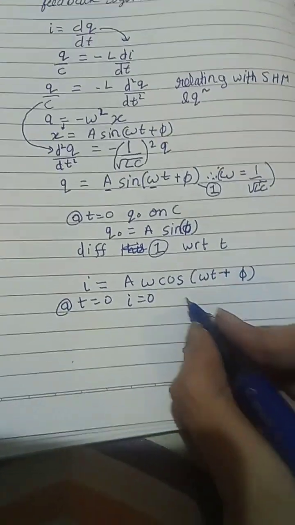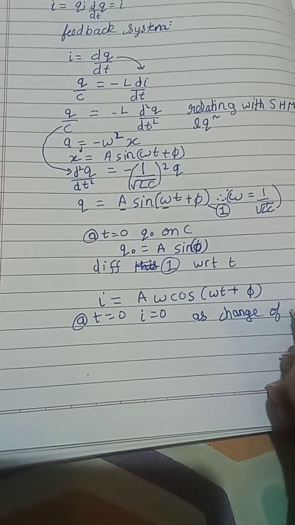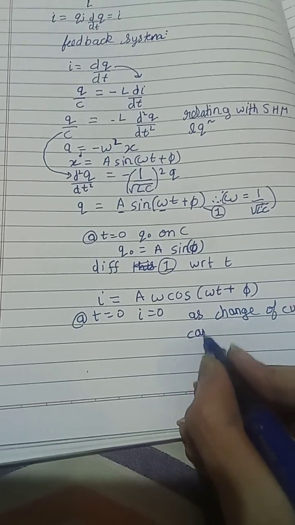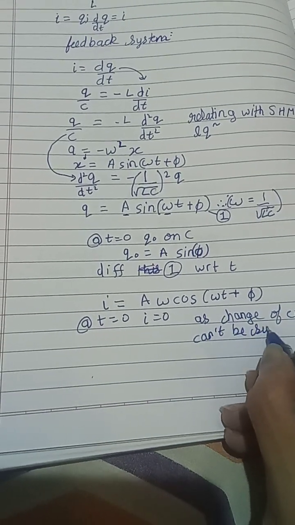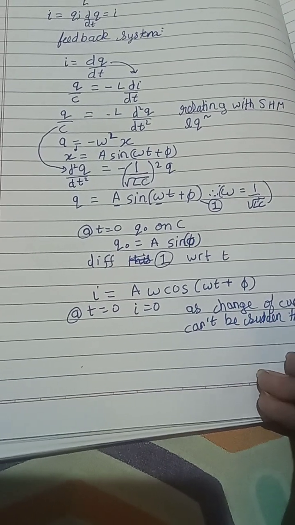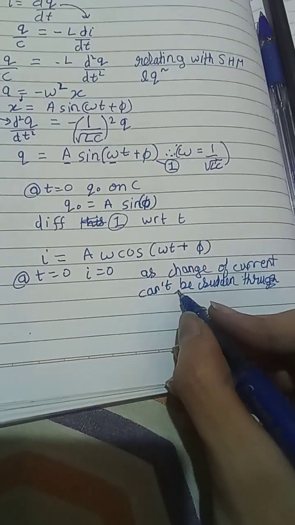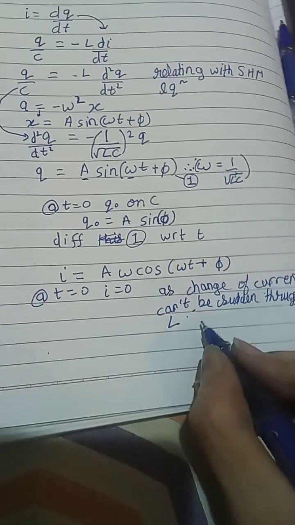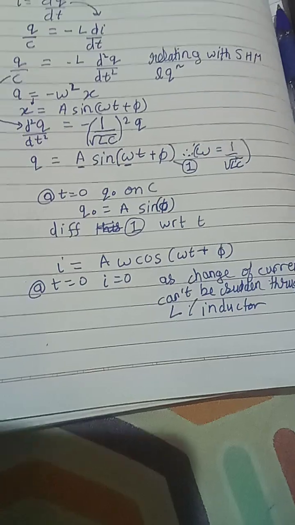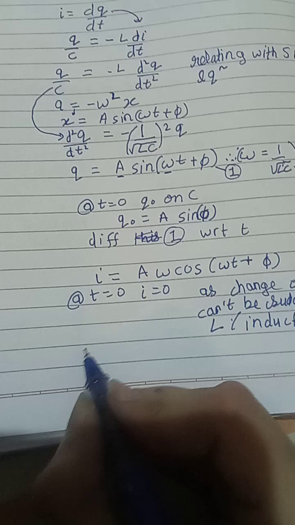The reason being, the current can't change suddenly through an L, or inductor. That's it. Now at t equal to 0, we will get cos phi.